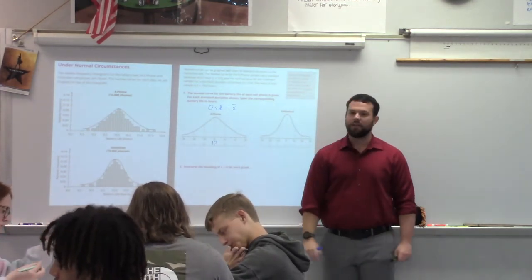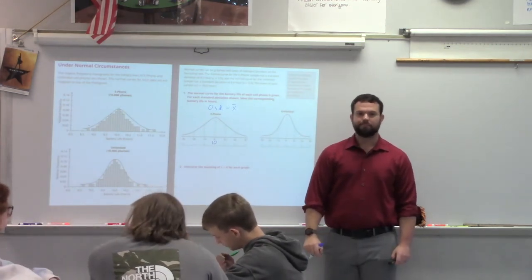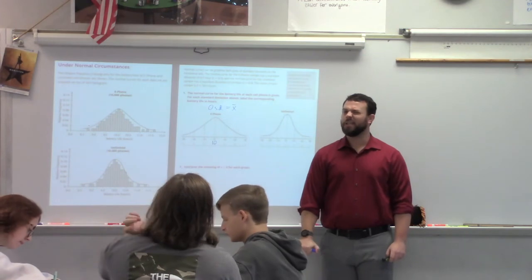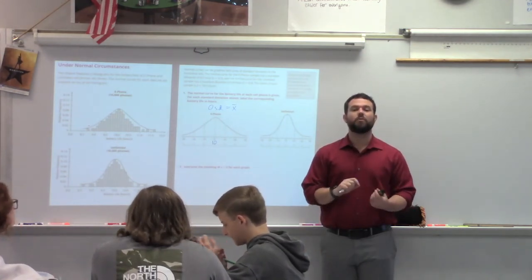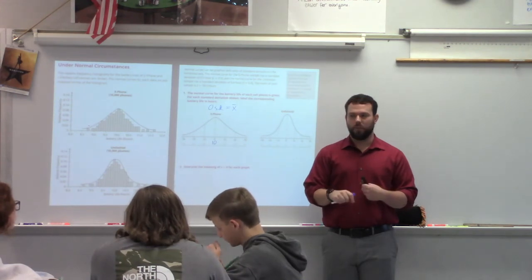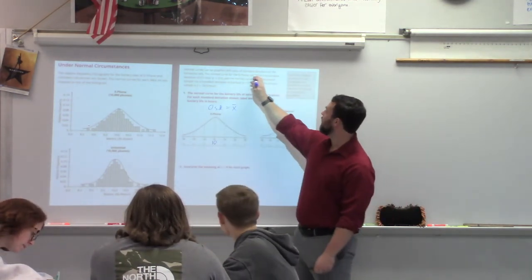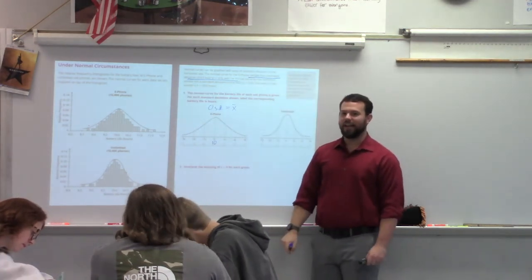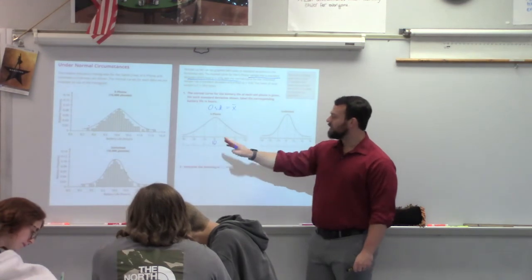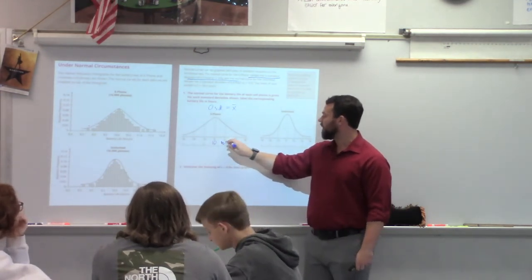What's 1 standard deviation above the mean then? 10.5. Because the standard deviation was 0.5. It literally defines it up here. So 1 standard deviation above the mean, you would add that 0.5, so 10.5.